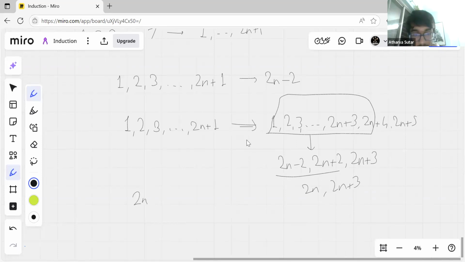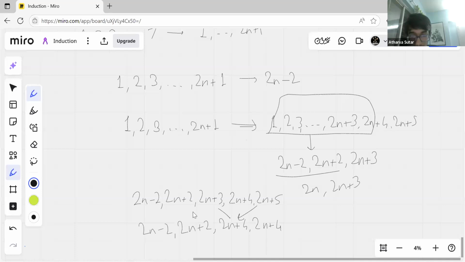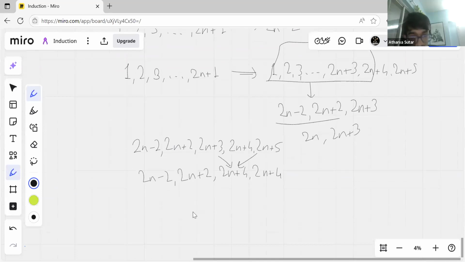So this will reduce to, and this reduces to... you take these and take the average, and then you take these two.